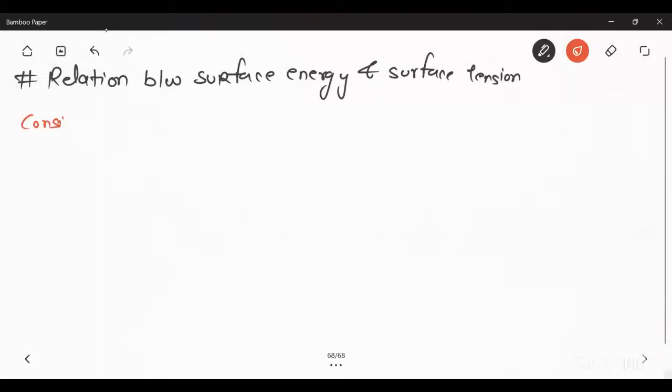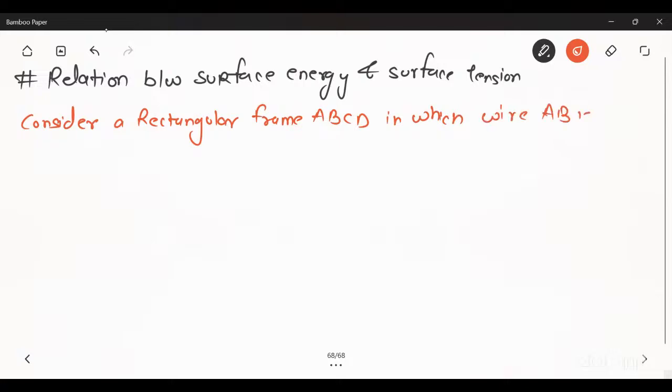Consider a rectangular frame ABCD in which wire AB is movable.